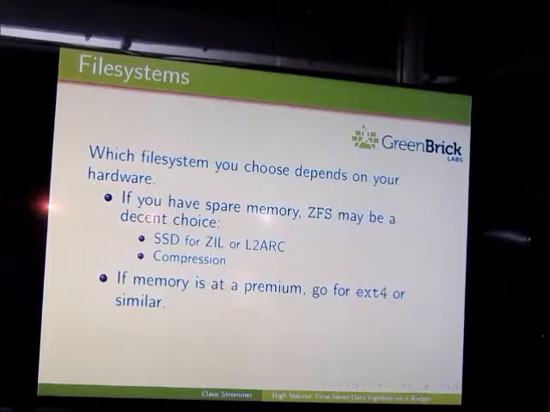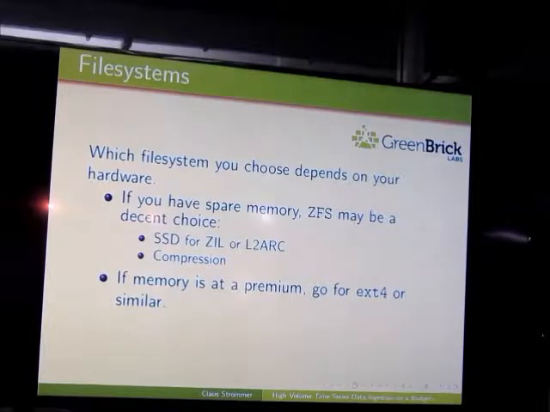And you also want to look at your file systems. Depending on your hardware, you might choose different things. If you have spare memory, let's say you have a 128 gig machine and you want to run Elasticsearch in it, you're not going to use all those 128 gigs for Elasticsearch. You're probably going to use 30 gigs, maybe 31 if you want to squeeze it, which leaves you with a lot.